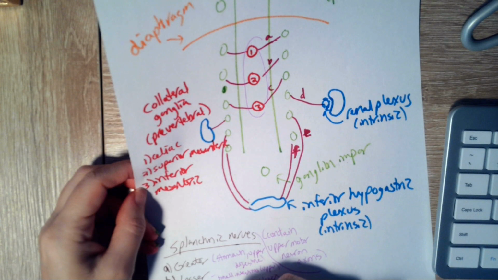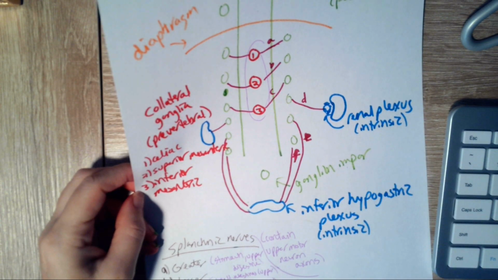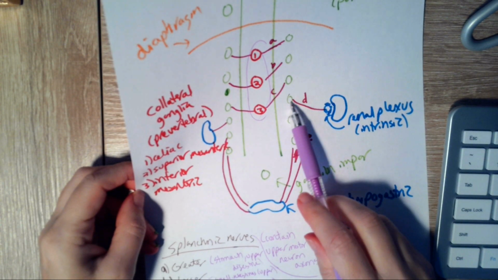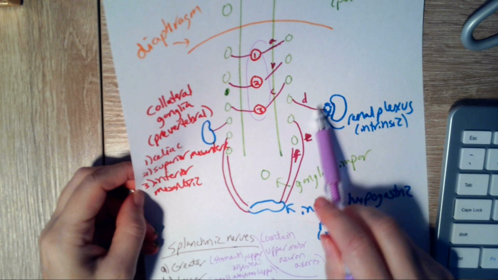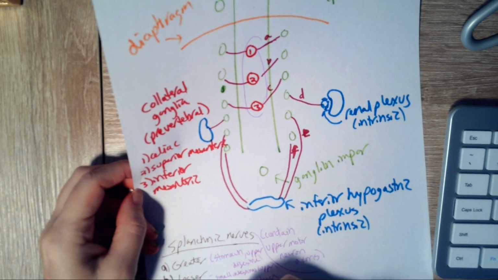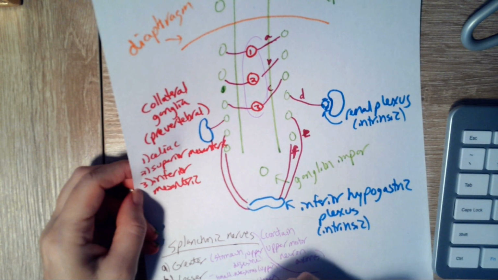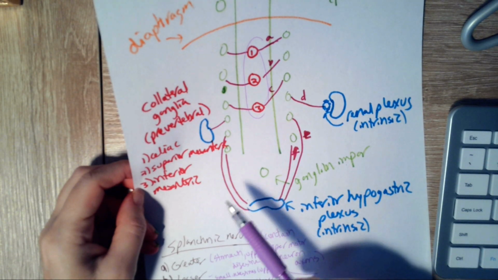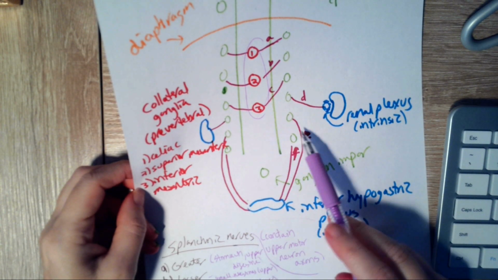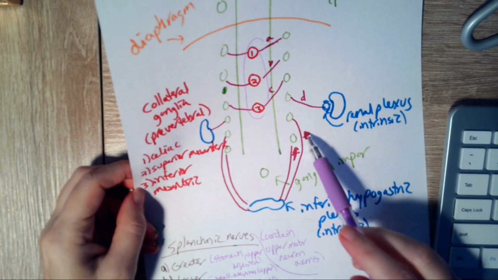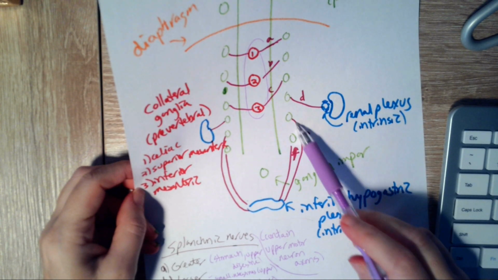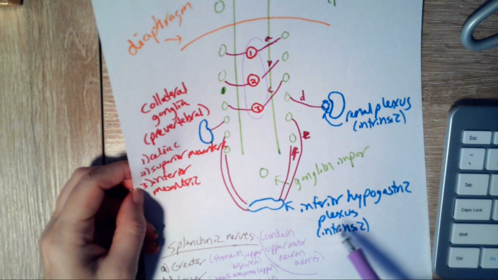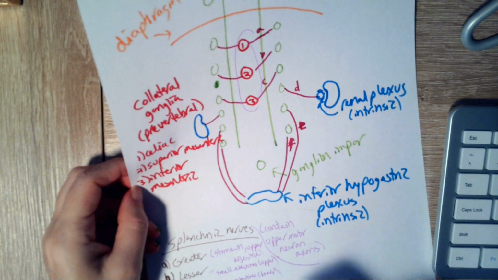The next one, the least splanchnic nerve. That's this one. This is going over to the renal plexus, dealing with the kidneys. And then finally, or not finally for the sympathetic system, I should say, we have this one. This is the sacral splanchnic nerve. That's going to the inferior hypogastric plexus.